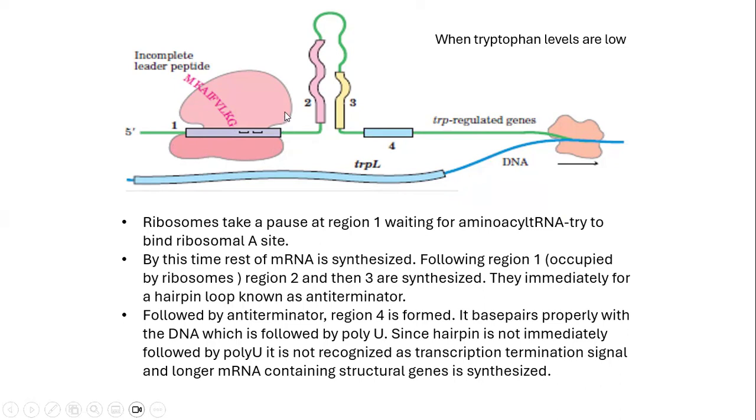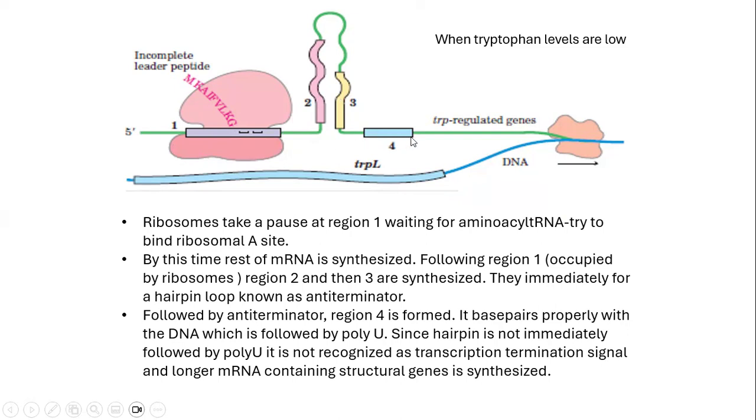As the ribosomes are pausing, you have synthesis of region 2 and then region 3. Now, as 2 is free here, it immediately base pairs with region 3, forming a hairpin loop-like structure.